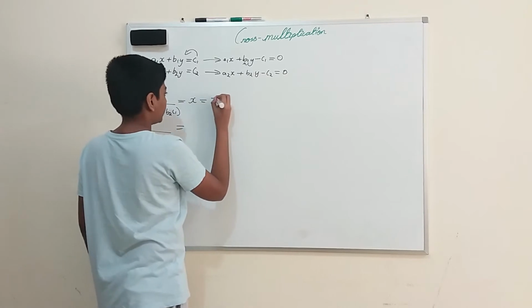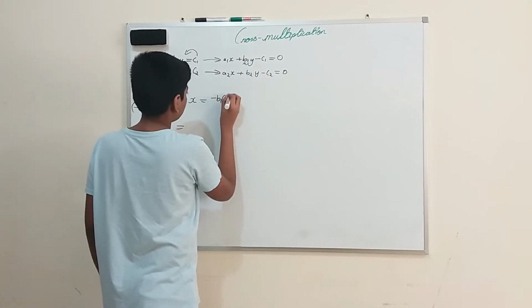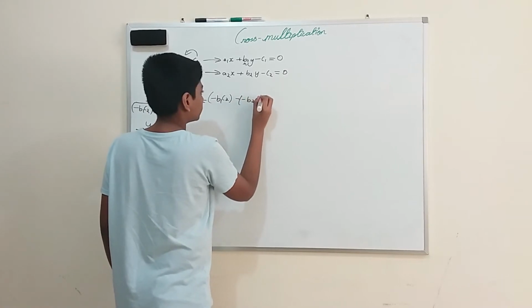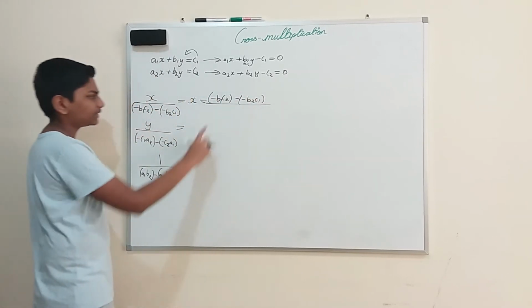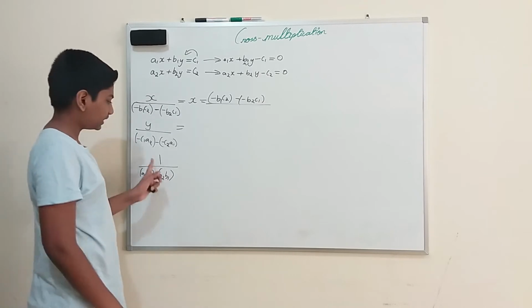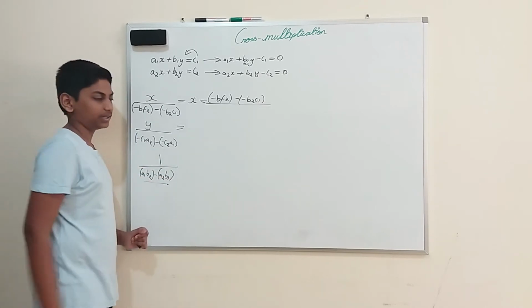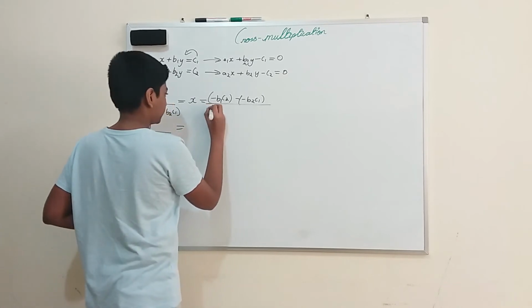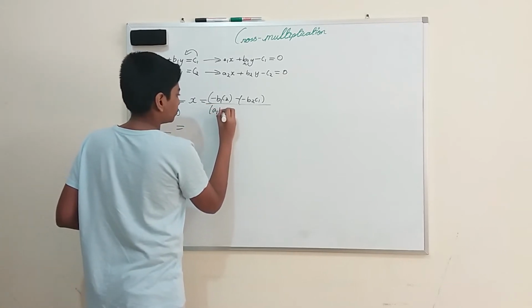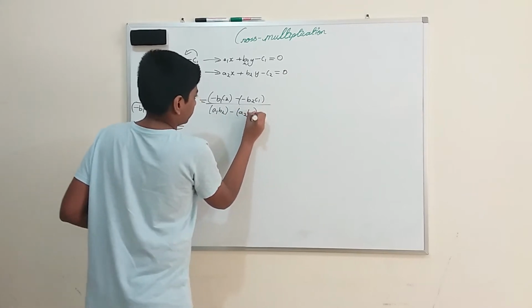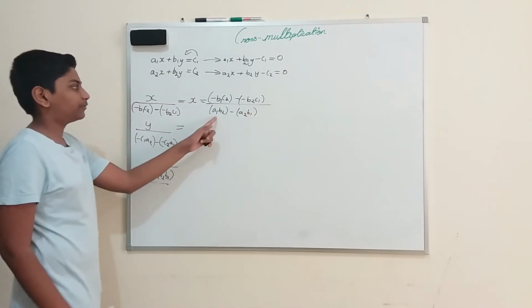So minus B1 C2 minus B2 C1 will become the numerator. Then you may think what will be the denominator. Here it is 1 by now, so this denominator will become its denominator, which is nothing but A1 B2 minus A2 B1. Now we got the numerator and denominator for this.